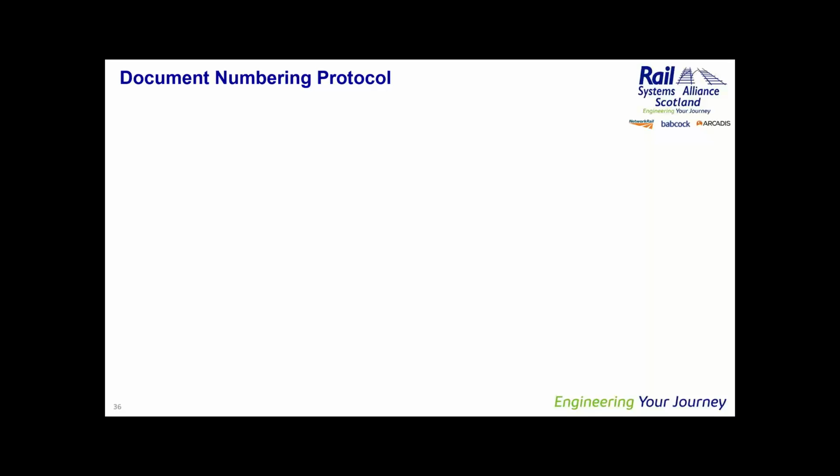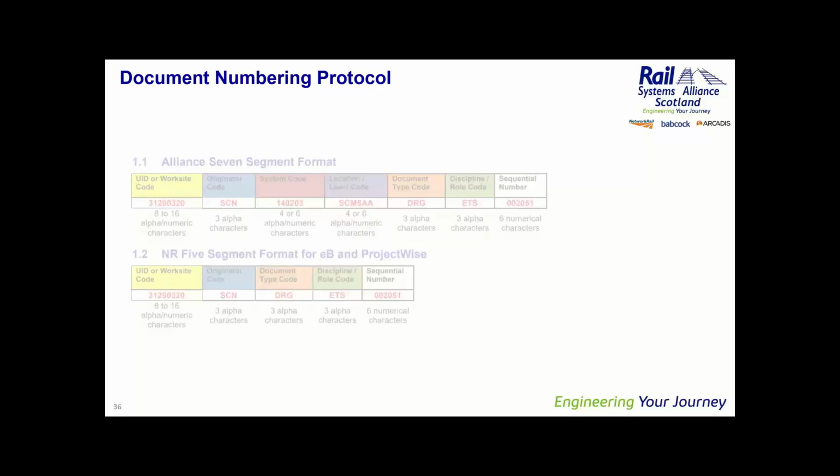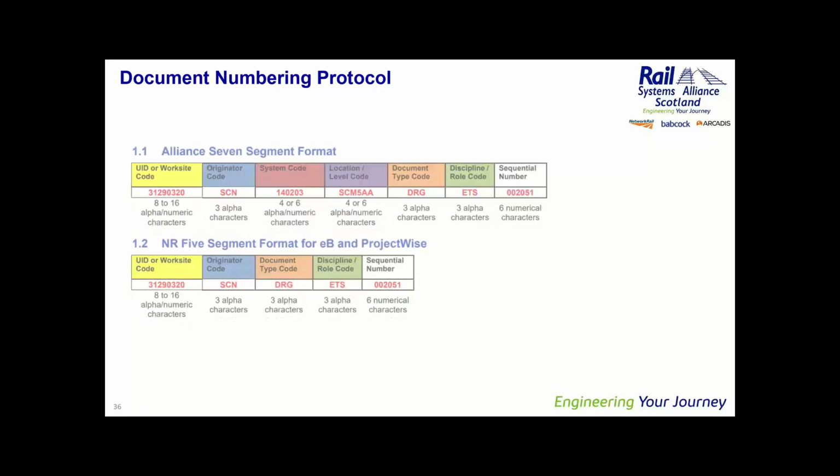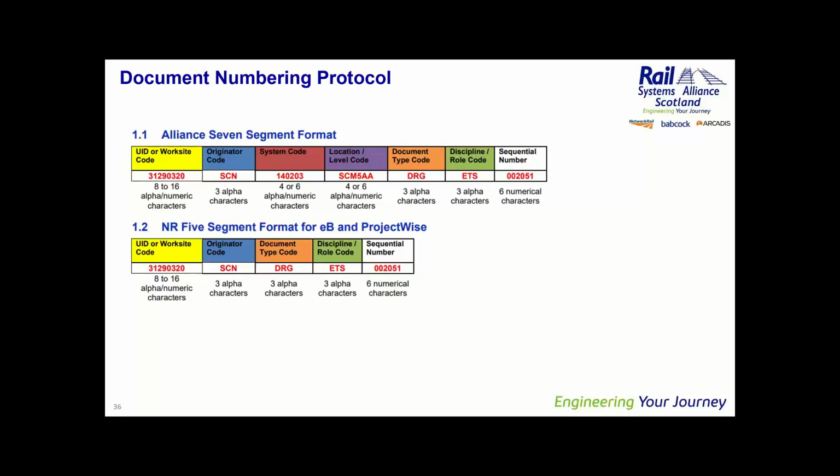Document numbering protocol I mentioned earlier. We developed a document numbering protocol for the Alliance. Now, anyone who's familiar with BS 1192 or ISO 19650 will be familiar with the 7-segment document numbering format that is prescribed there.